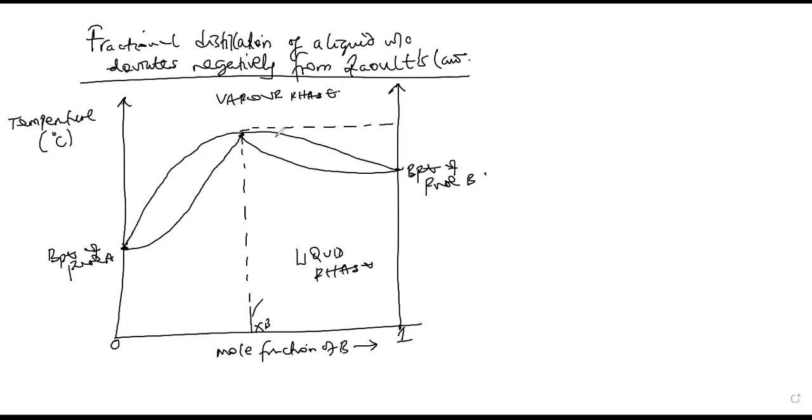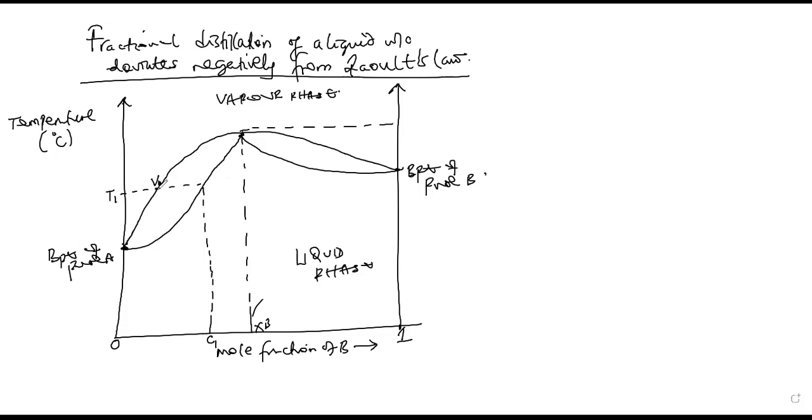So what happens is when we heat a liquid mixture of composition C1, it will boil at a temperature T1 degrees Celsius, giving vapor of composition V1. This one being the vapor phase means that any point on the vapor composition curve will give us vapor.